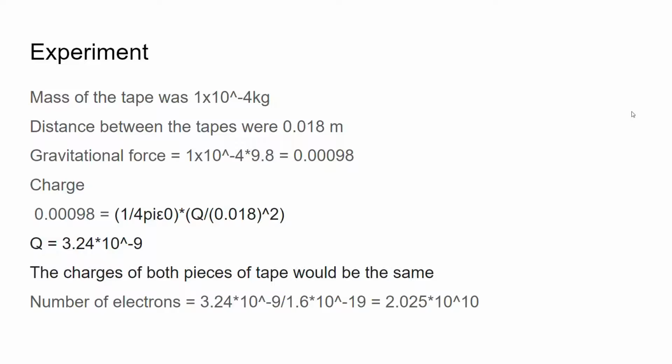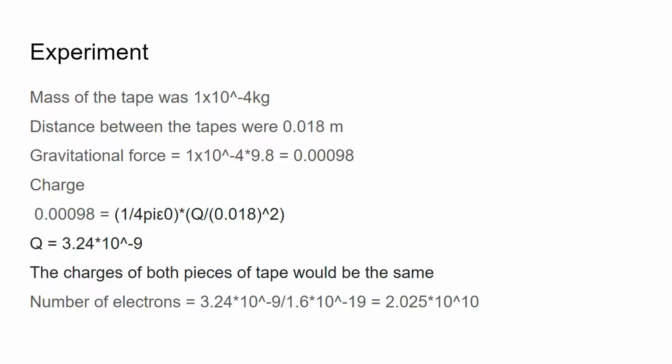The mass of the tape was 1 × 10⁻⁴ kilograms, and the distance between the tapes was 0.018 meters. To find the gravitational force, you use Newton's second law, which is mass times acceleration. So the mass times 9.8, which is the gravity acting downward upon it, and then you get 0.00098.